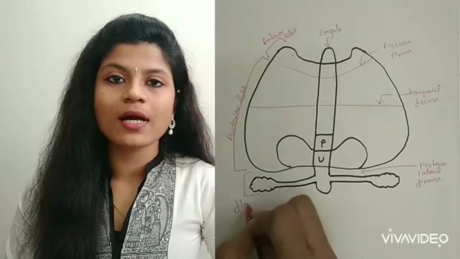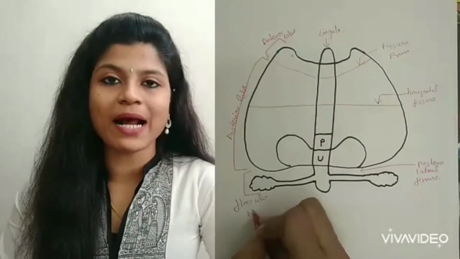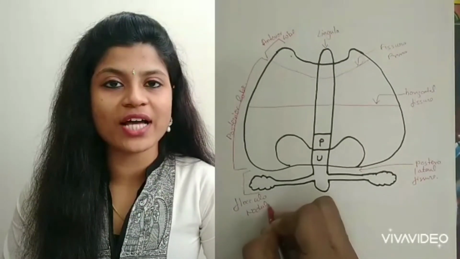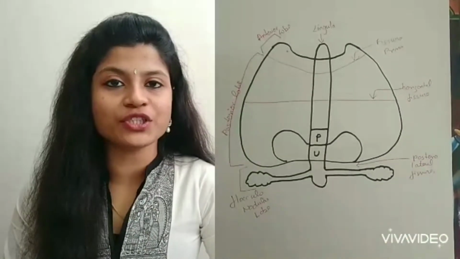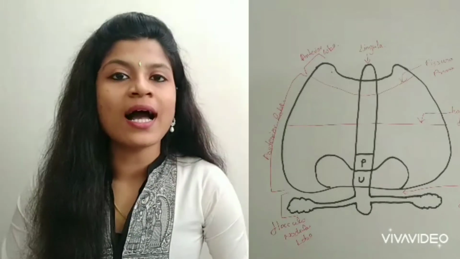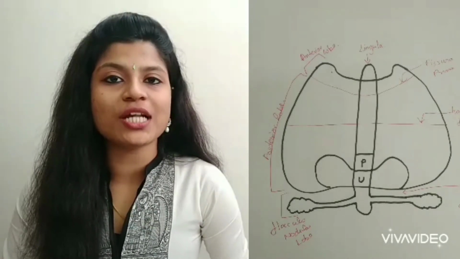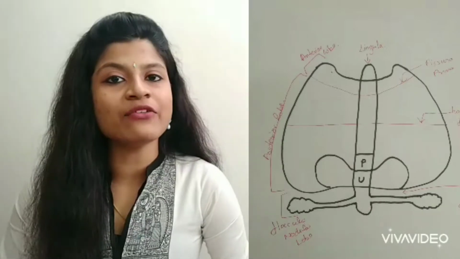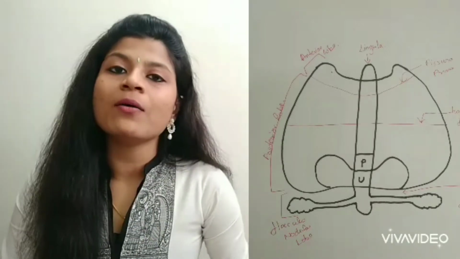The posterior lobe lies between the fissura prima on the superior surface and the posterolateral fissure on the inferior surface. And the flocculonodular lobe lies in the inferior surface in front of the posterolateral fissure.